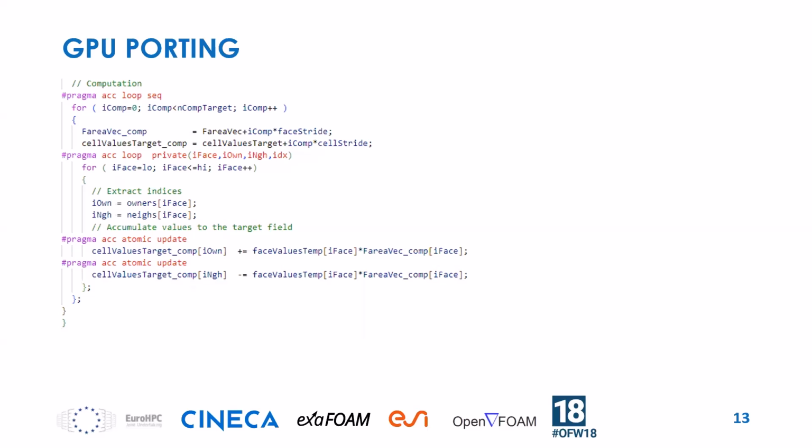This approach here is the simplest possible way to avoid it, which is adding these explicit atomic clauses that tell the compiler to avoid it. They are usually considered not particularly efficient because they add some overhead because the compiler has to keep in check that this doesn't happen.